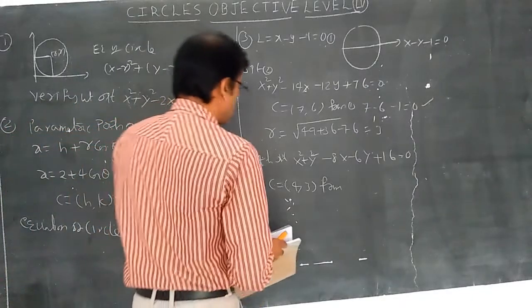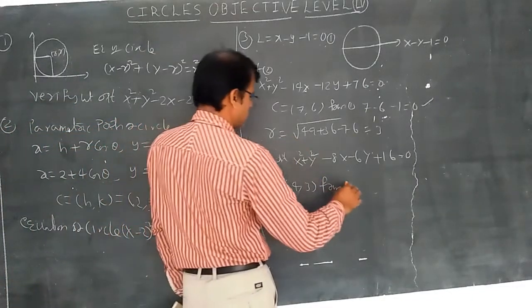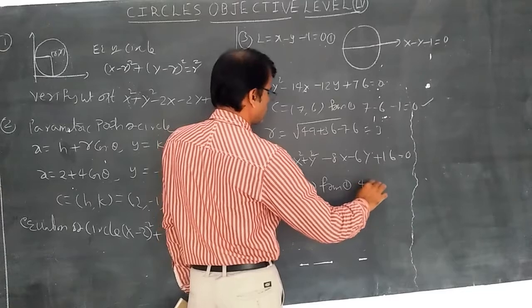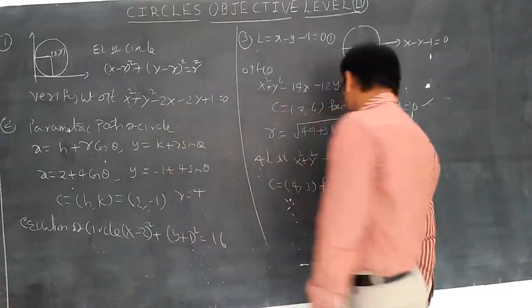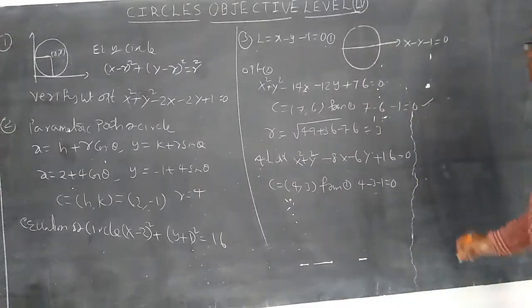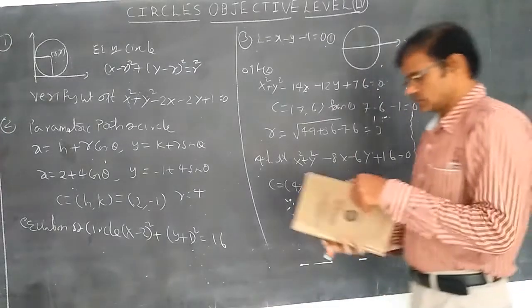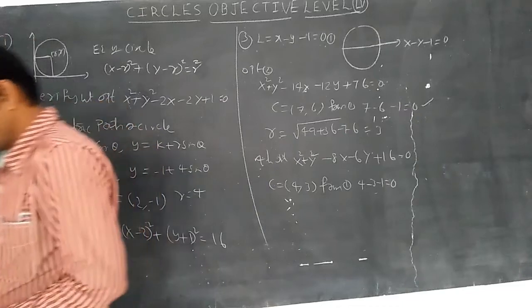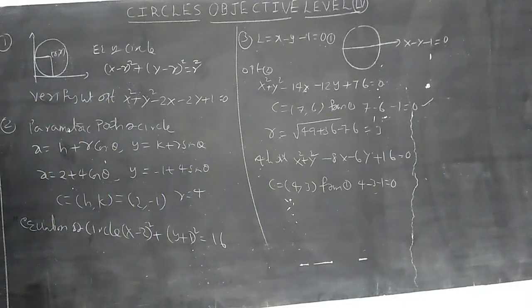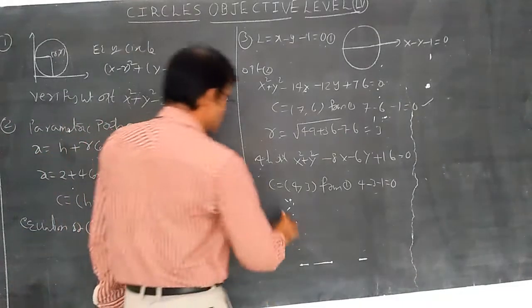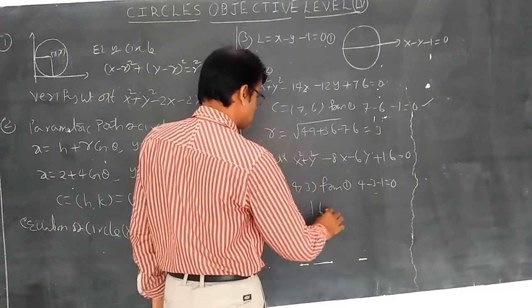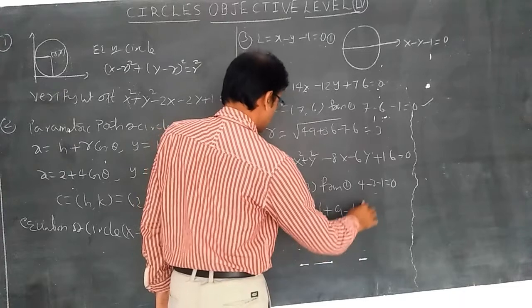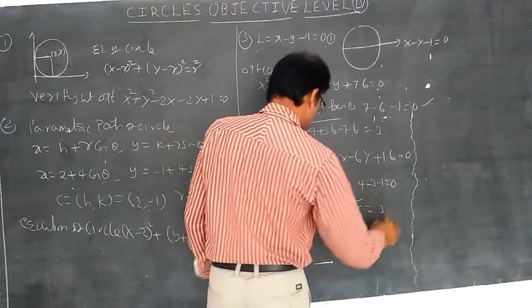If you substitute the value (4, 3) in the line, we get 4 minus 3 minus 1 equal to 0. So it is also okay, and radius r is equal to the square root of g square plus f square minus c, that is the square root of 16 plus 9 minus 16, which is equal to 3.